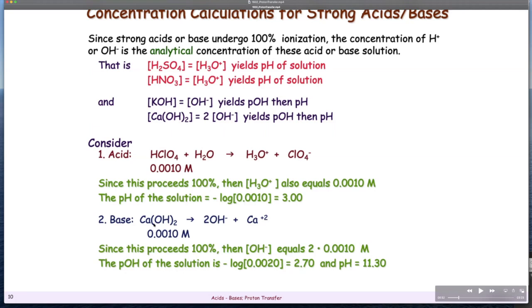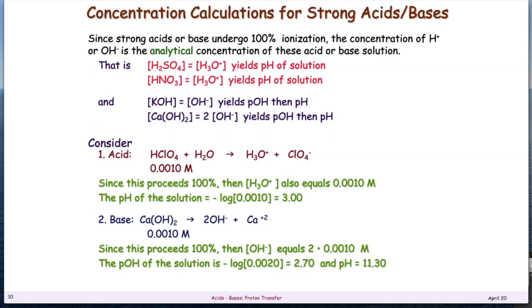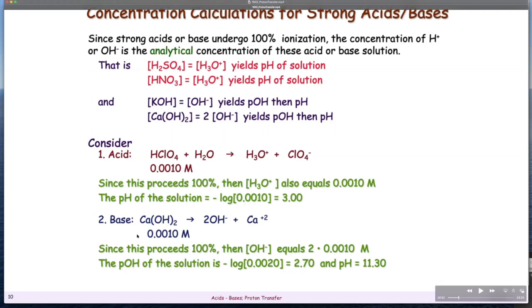So please always pay attention to the chemistry. That way you're not fooled by a simple question like, if I gave you a 0.001 molar concentration of calcium hydroxide, what is the pOH? And the pOH is not the negative log of 0.001. It's the negative log of 0.002 right here.